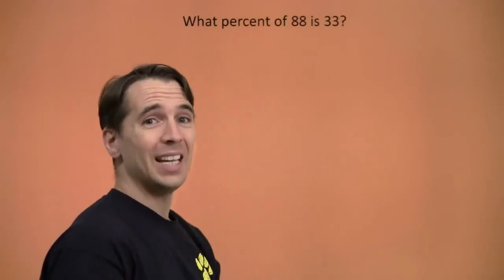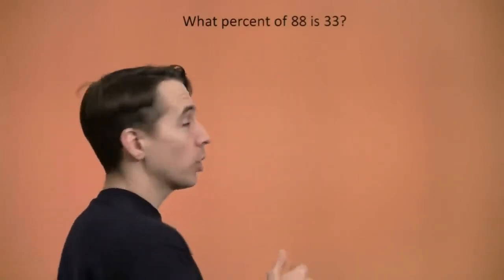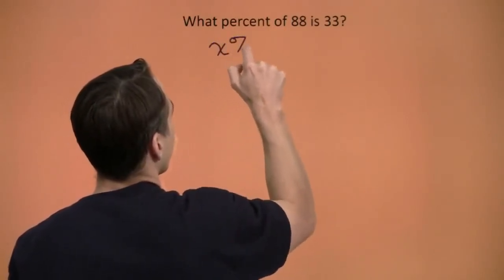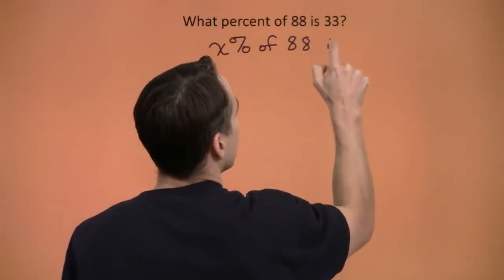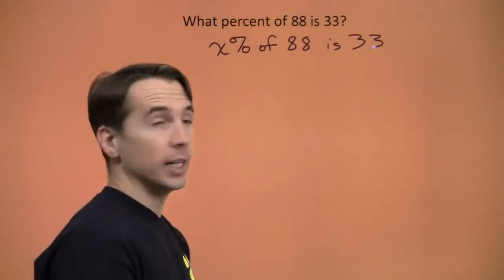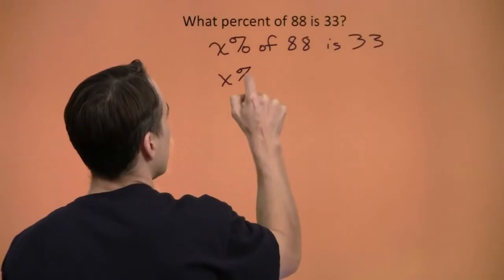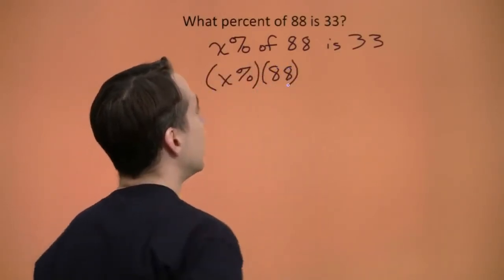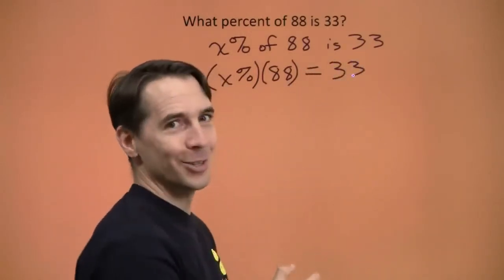What percent of 88 is 33? I can start to turn these words into an equation by throwing in a variable. We'll say x percent of 88 is 33. And now I can write it as an equation. X percent of 88 means x percent times 88, "is" means equals, and 33 means 33.